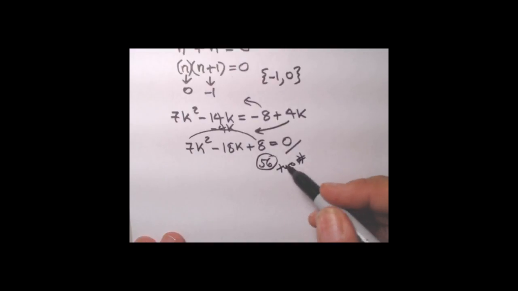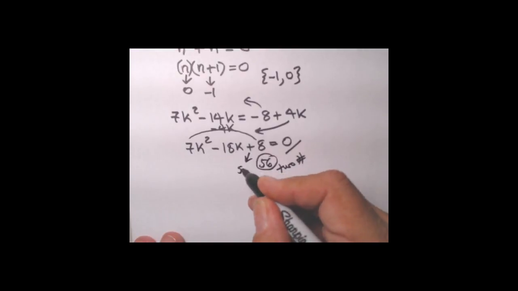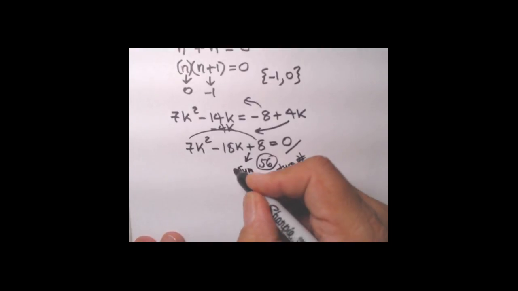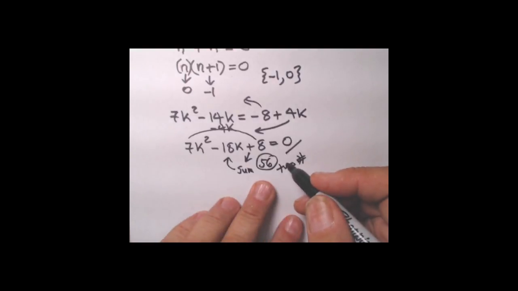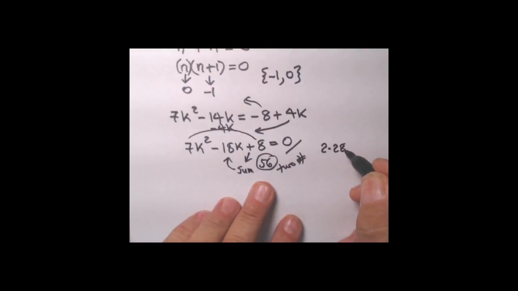I want two numbers multiplied together to give me 56. Notice now we got a plus in front of the last term, so that means we want the sum of these guys to be 18. Well, okay, let's see what we can do. 2 times 28, okay, that's 56, but the sum is 30, that's way too much.